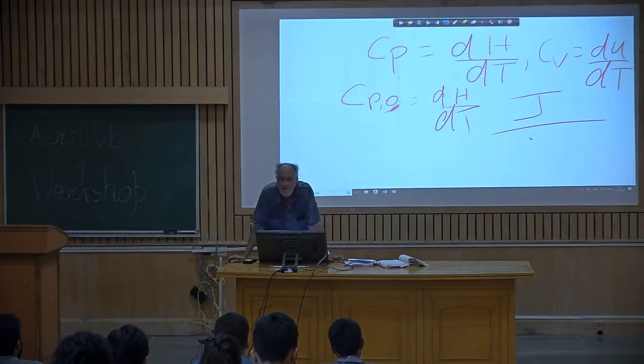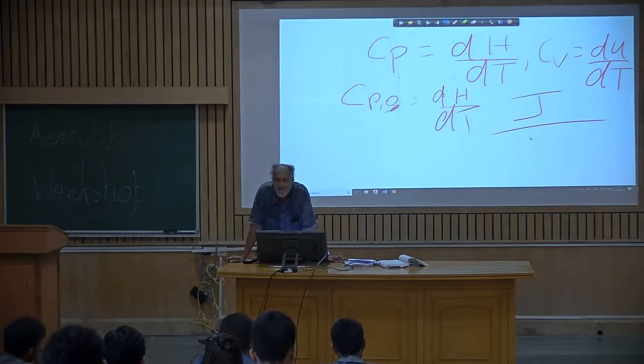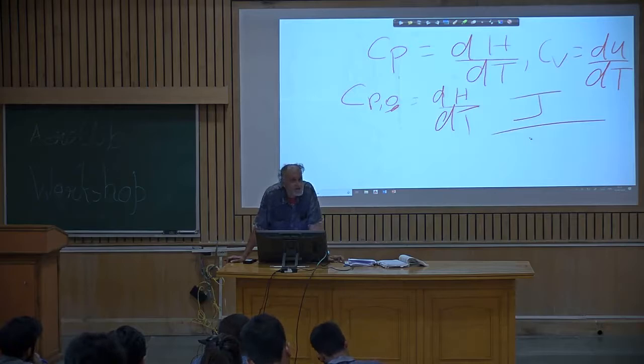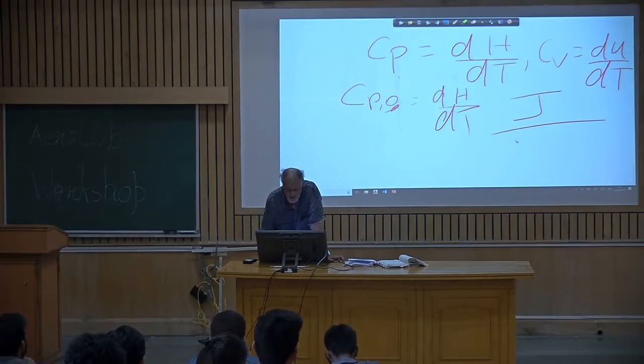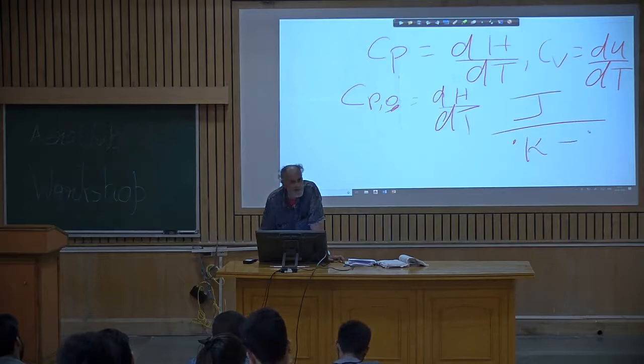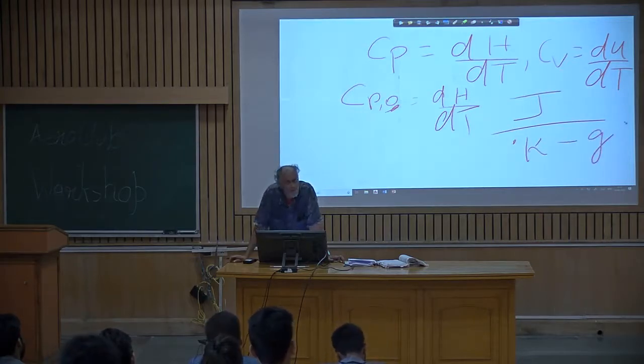Internal energy is an intensive property or extensive property? Extensive. Enthalpy is intensive or extensive? Heat capacity would be intensive or extensive? Extensive. So what should you need to do? What else? Grams. Joule per gram.